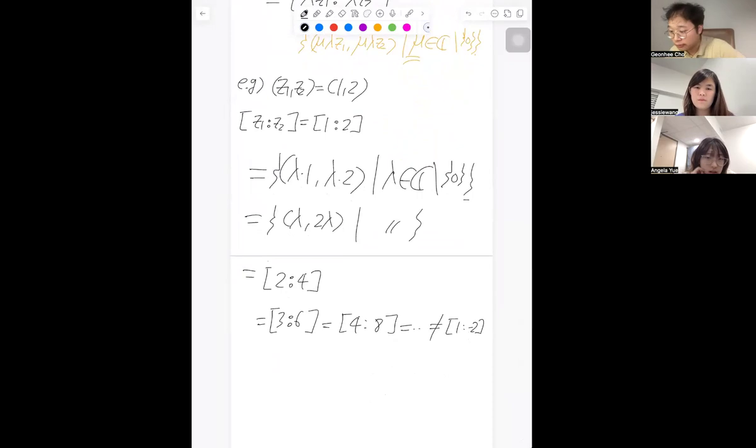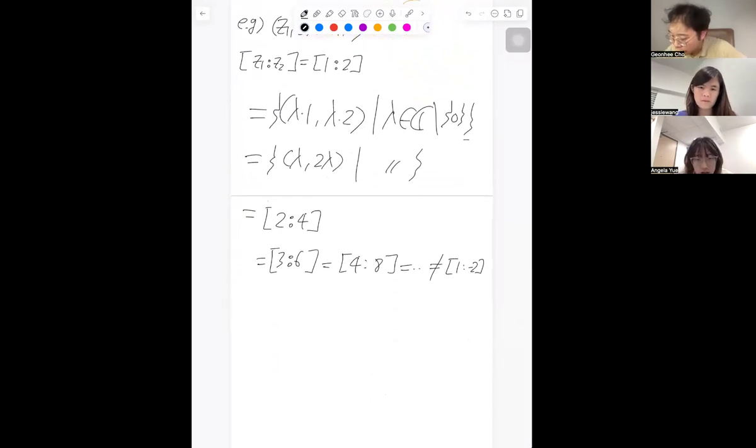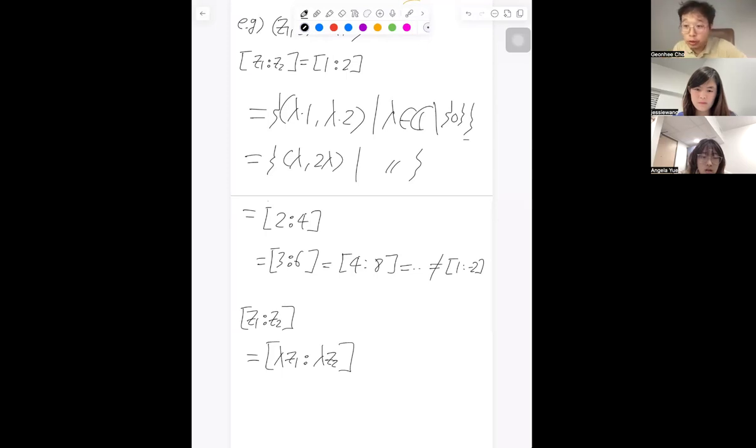So from the definition, let's relook at this. Please follow this way. This is the same representative eventually for any non-zero complex value lambda.